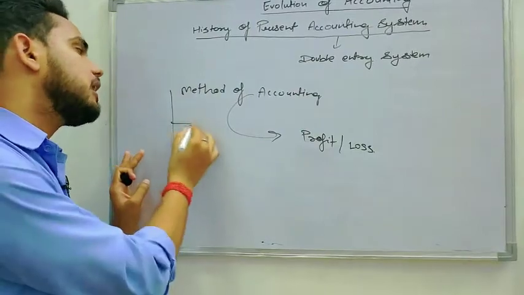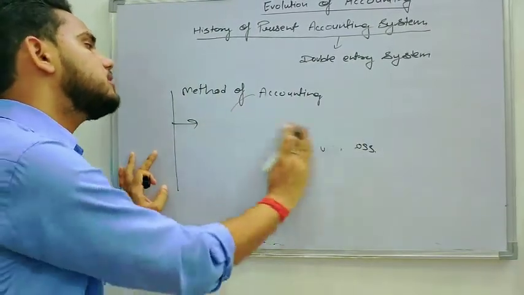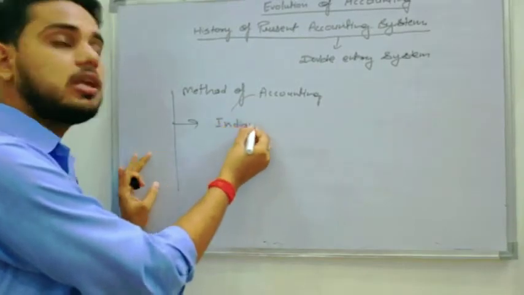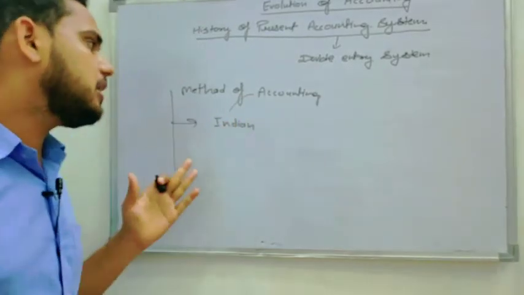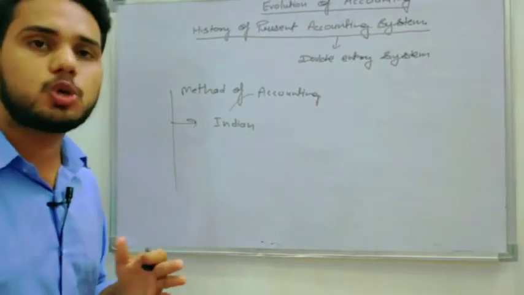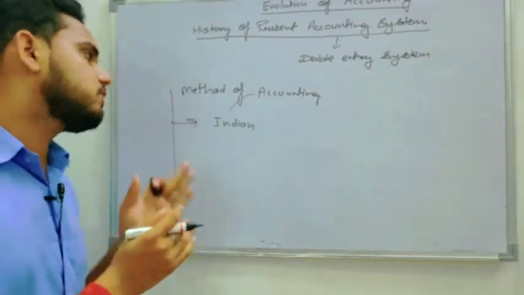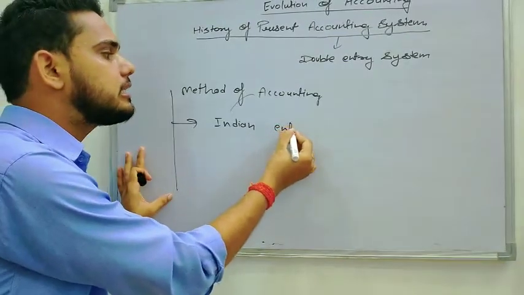If we classify that, one is known as, for India earlier, not now but in ancient times, at the time of British rule, the Indian merchants, Indian businessmen were following the Indian entry system.